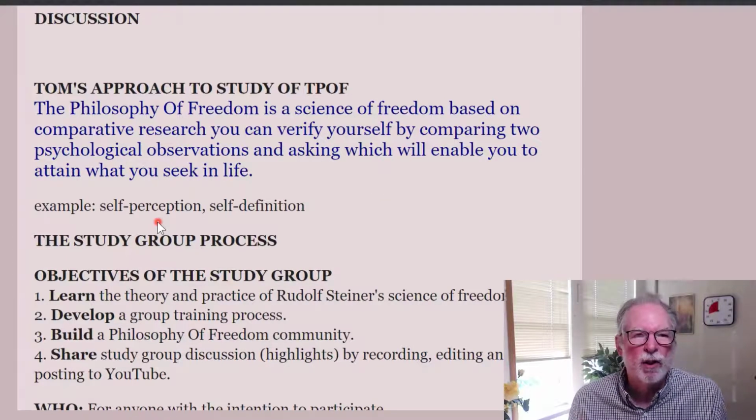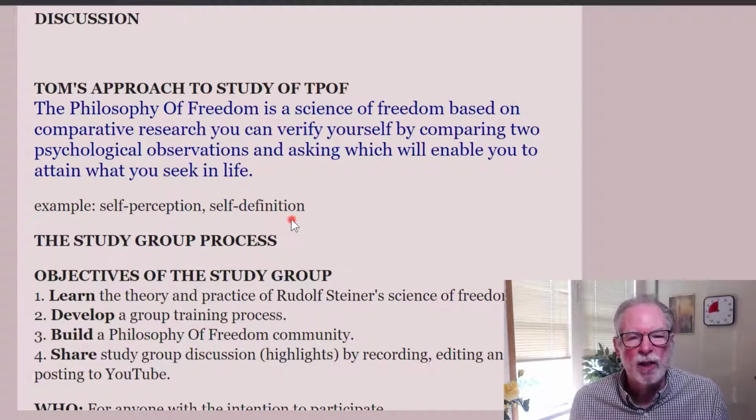That's why the philosophy of freedom is really not that difficult, because when you make this comparison, you can see that self-perception, where you're just identifying yourself according to your race or appearance or ethnicity or gender, is not going to take you that far. Self-definition is unlimited.